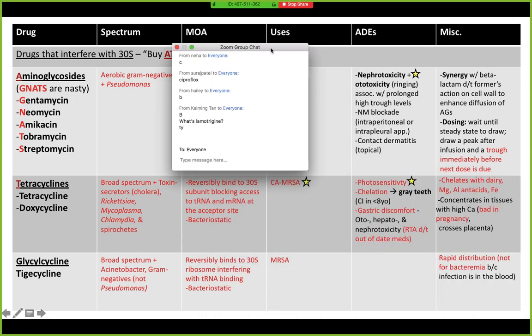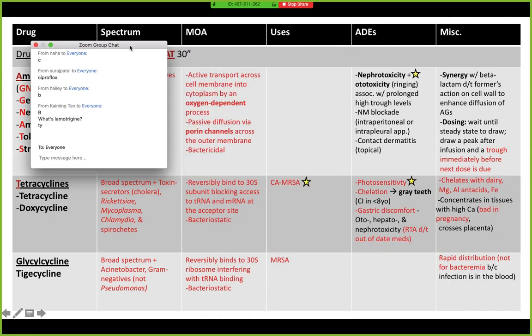Let's see what else here. I would also remember that aminoglycosides are nephrotoxic and ototoxic. They could definitely give you a question stem describing somebody who, you're rounding and they're like, hey, doctor, I'm suddenly having a lot of ringing in my ears.